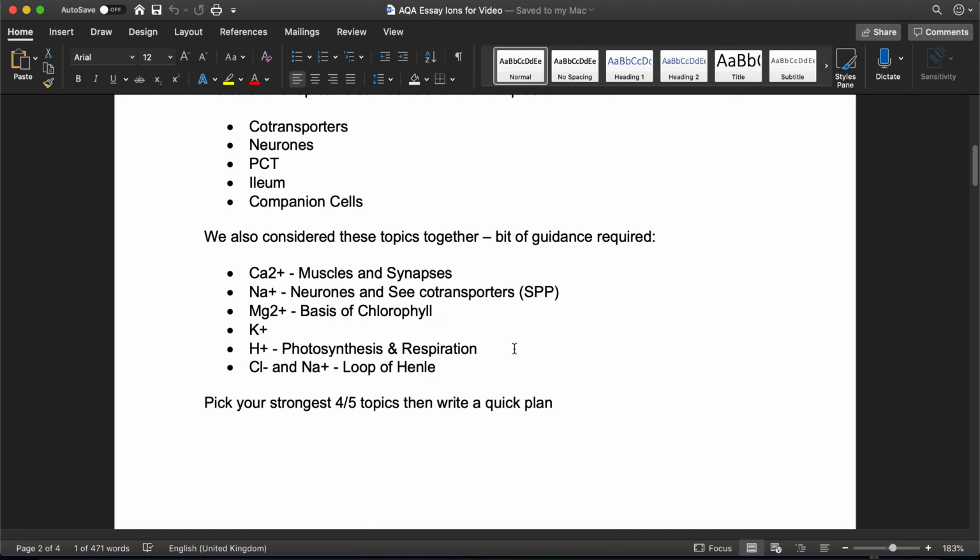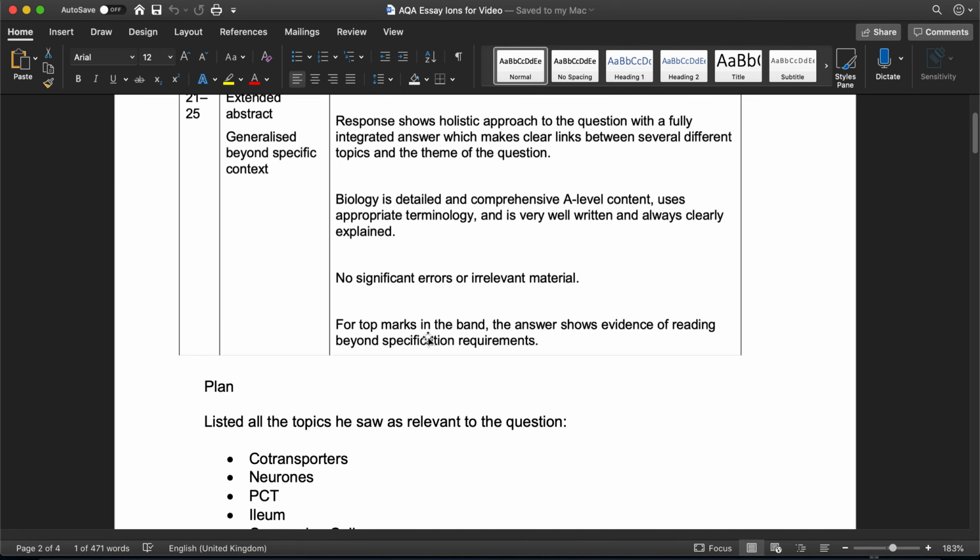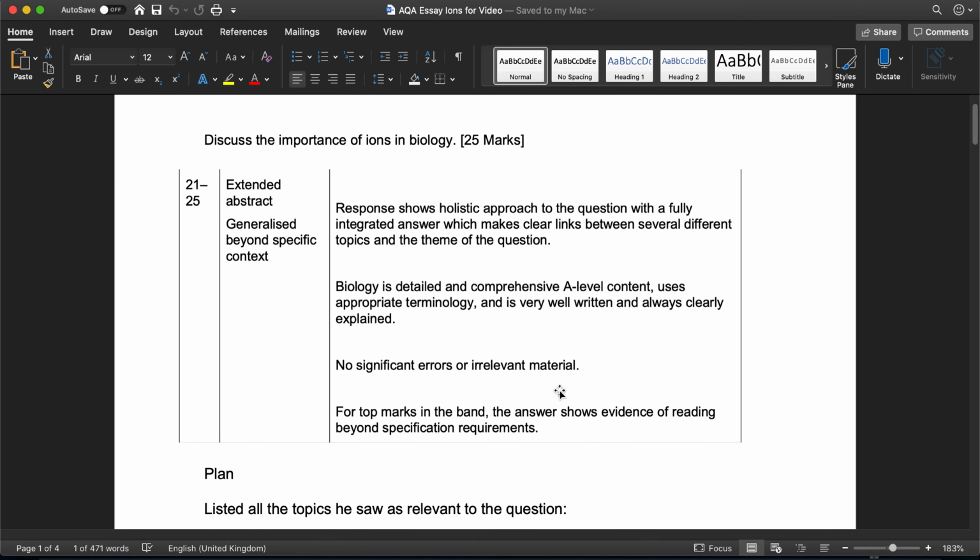But I recommend to everyone, don't worry about that final aspect of the mark scheme. Chances are, if you're pushing for 24 or 25 out of 25, you're going to know a lot of stuff outside the specification anyway.